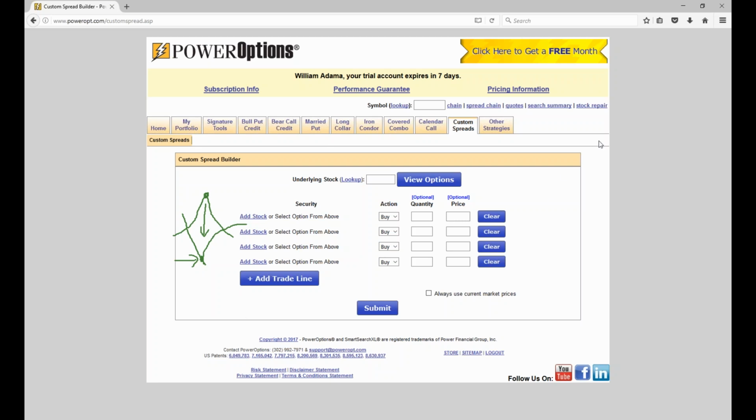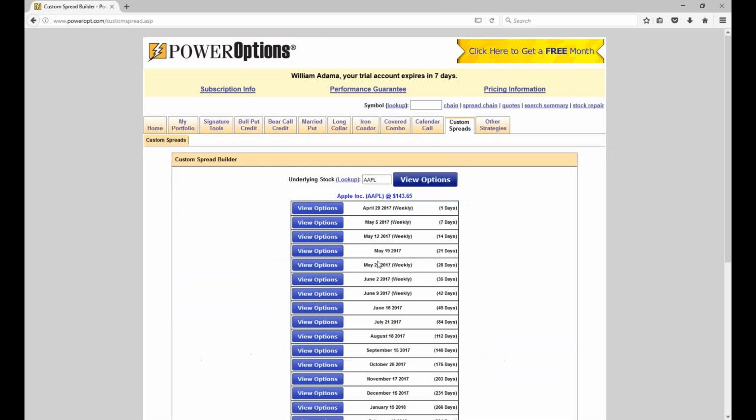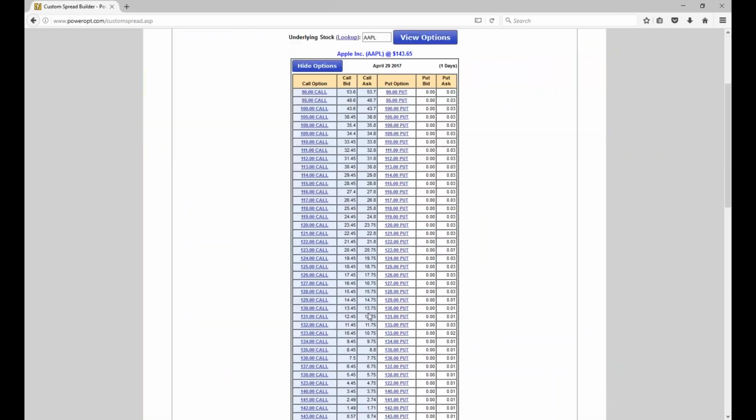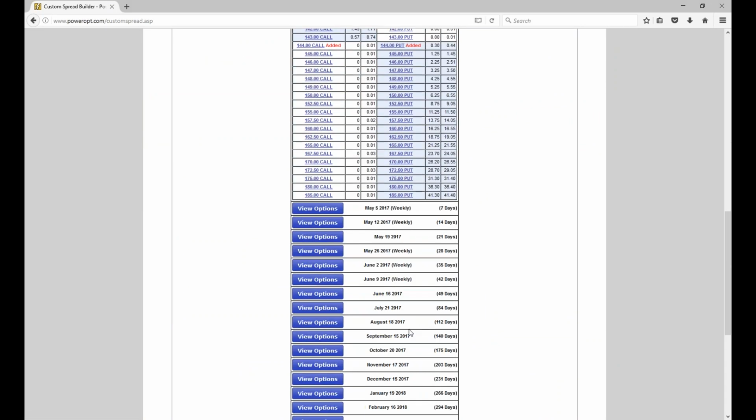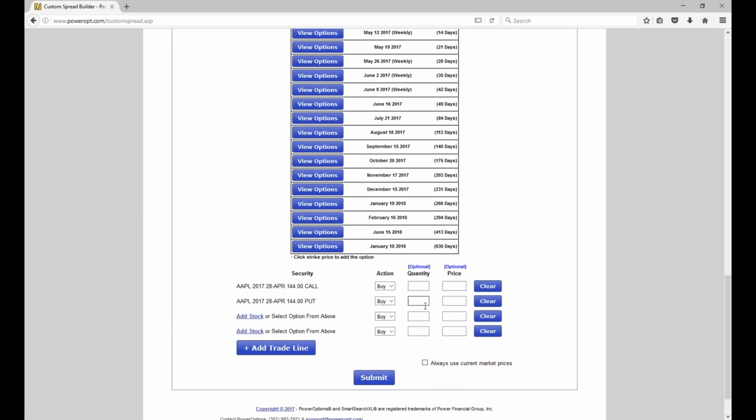But the problem with that, in regards to what I think Wesley was trying to do, is we were looking at entering a position today at the 144 strike, and we were going to buy today's options.